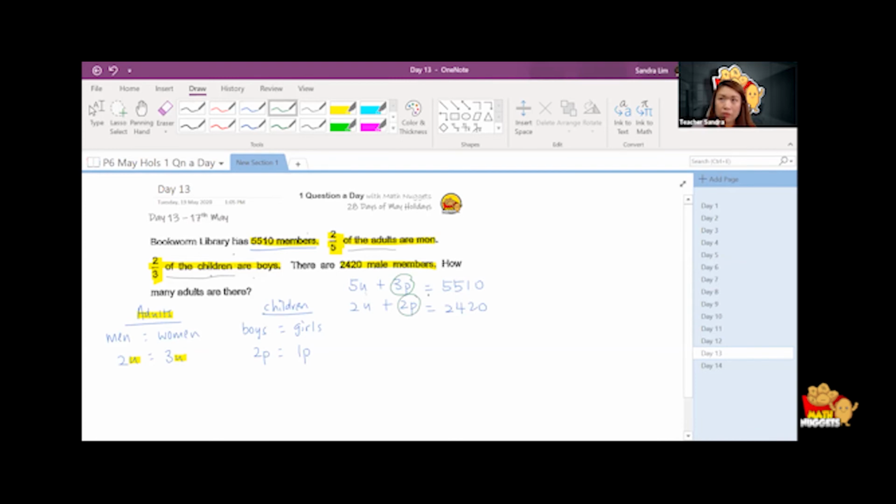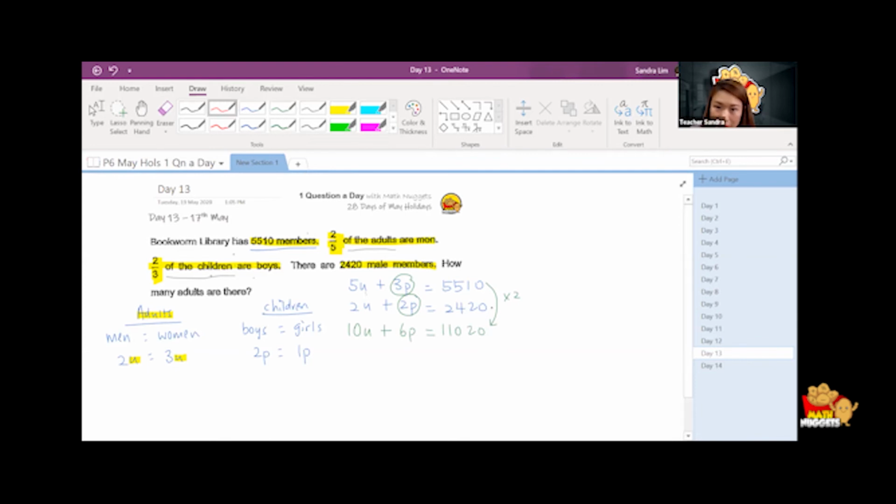Make the same, meaning what's the lowest common multiple of 3 and 2? Will be 6, right? So this one, 3, I'm going to times 2. So the first equation, I'm going to times the whole thing by 2, everything. So now this becomes 10 units plus 6 parts is equals to 5510 times 2, which is 11020.